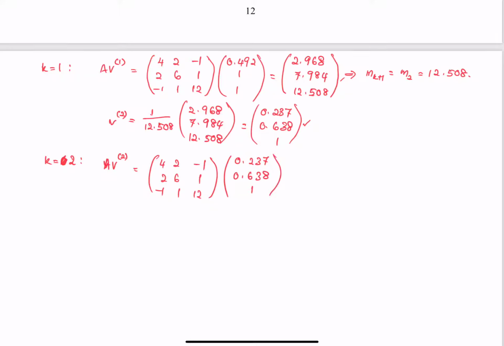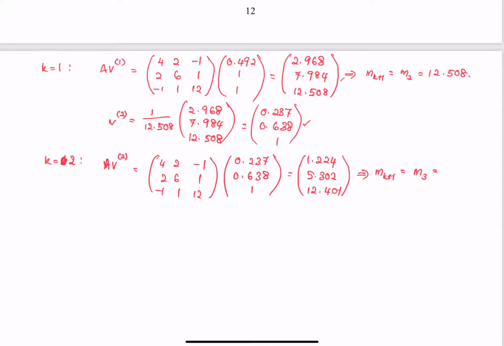And then what you will get is 1.224, 5.302, 12.401. And from here, we can have our M_{k+1}, which is 2 plus 1 is M3.